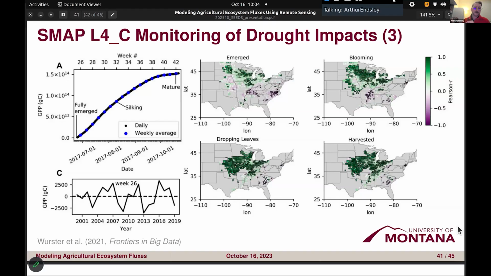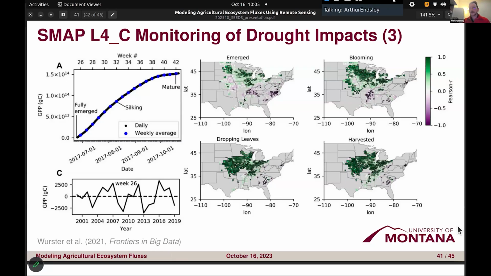Corn has specific phenological stages, and we would expect GPP to reach a certain value at each stage. What we can do then is take this long record of GPP and look at the anomalies, where GPP deviates from that cumulative GPP curve, and convert that into an index of the drought impact on this crop, or the crop condition.